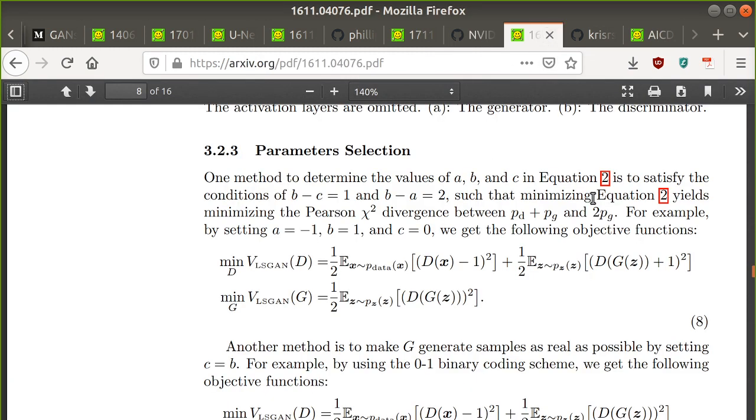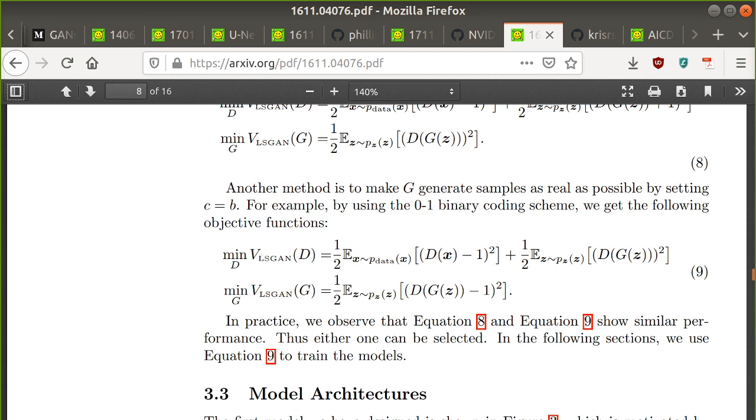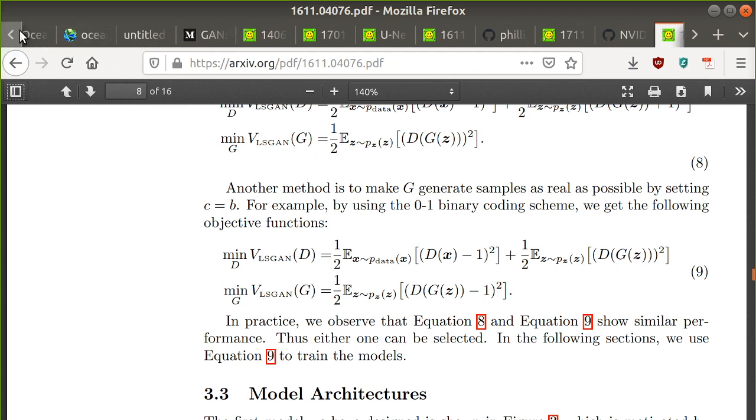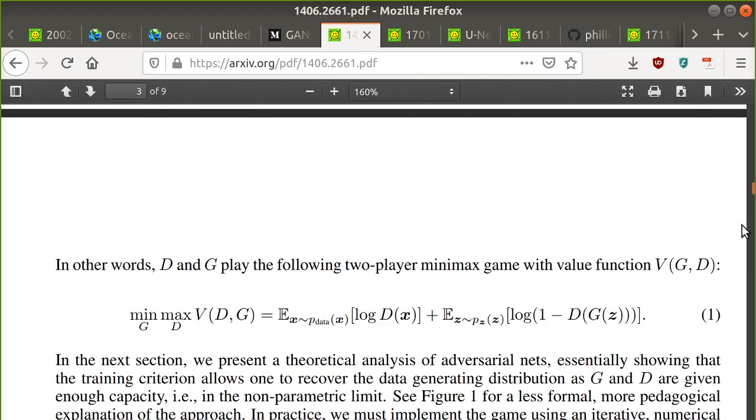So the last trick, it's a little bit of a funny one, but they're changing the loss. You only need to look at equation 9 here. This is Mao et al., where they create something called a least squares GAN. So if we go back to the original GAN objective function, right here, yes.